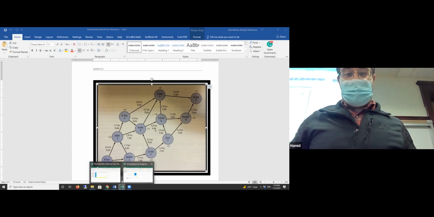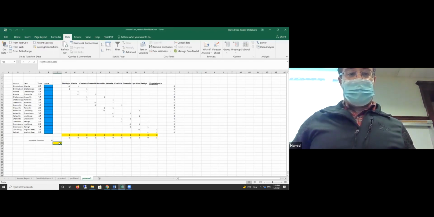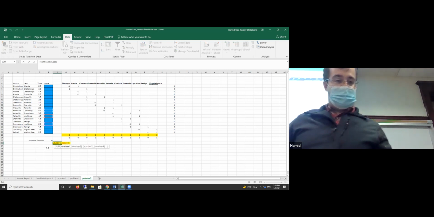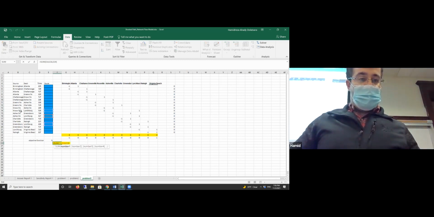So if you look at the solution that I posted, I had an extra yellow cell. This yellow cell is Knoxville to Elberg, Asheville to Lynchburg, and also Greensboro to Lynchburg.